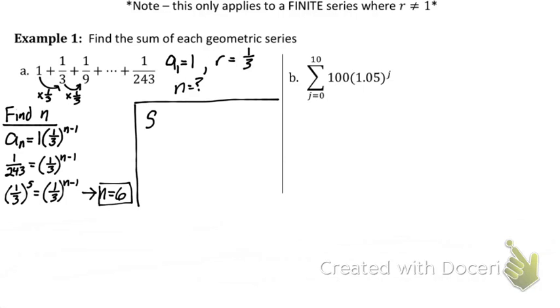Our sum of those 6 terms is going to equal my first term, which is 1, times 1 minus our r, which is 1/3, to the 6th. Scratch that, it's just to the 6th, it's not minus 1. All over 1 minus our r, which is 1/3.